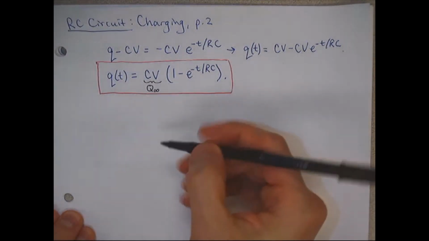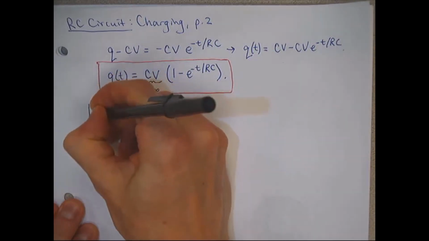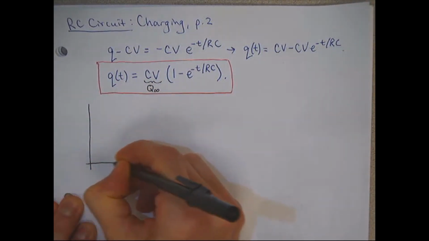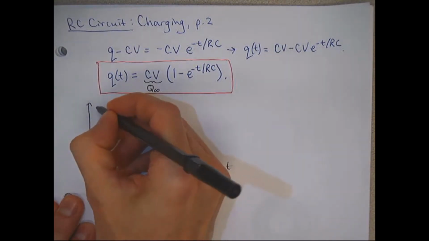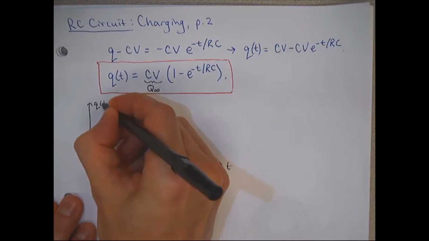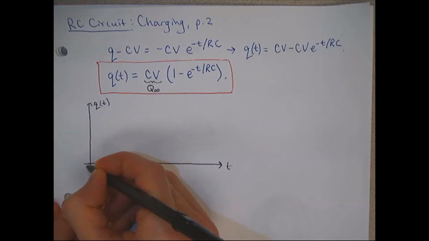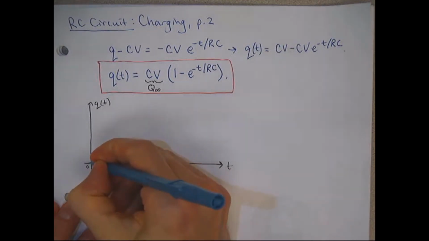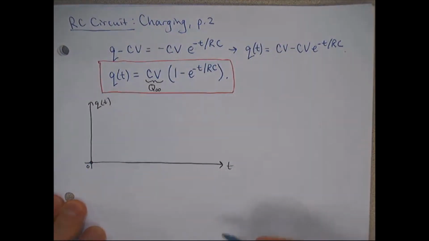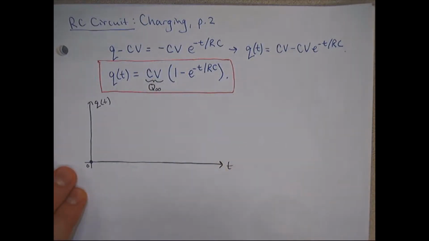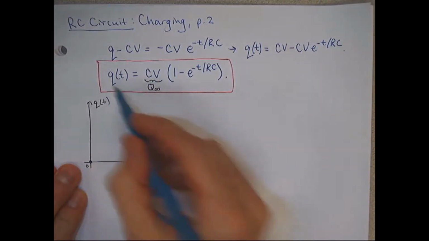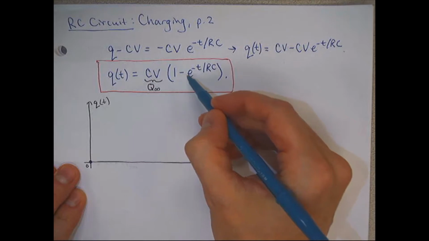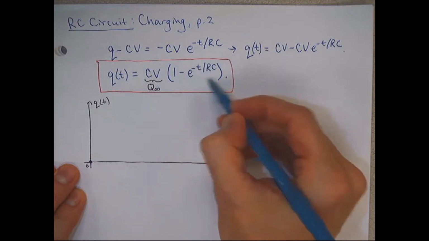Let's plot this function. Charge as a function of time. We start out again with an uncharged capacitor. And what does this function look like? Well, at t equals 0, again, we must obtain a zero charge. e to the 0 is 1.